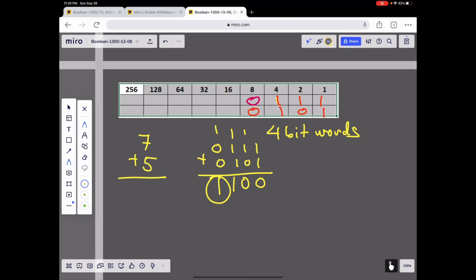Because the most significant bit is 1. So this one should be negative 8, and plus positive 4 equals negative 4. All right.